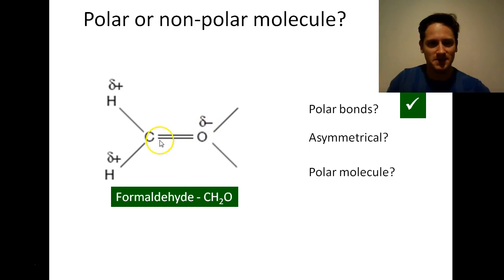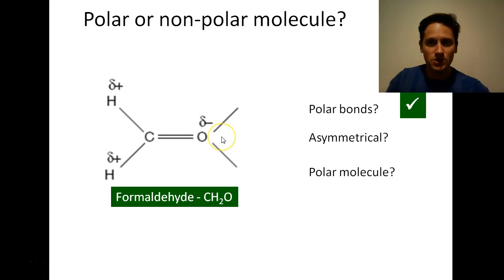We've got differences in electronegativity between the carbon and the oxygen, mainly. Do we have asymmetry? Now let's have a look at the molecule here. On the left-hand side, we have a partially positive end. On the right-hand side of the molecule, we've got a partial negative, a delta minus.